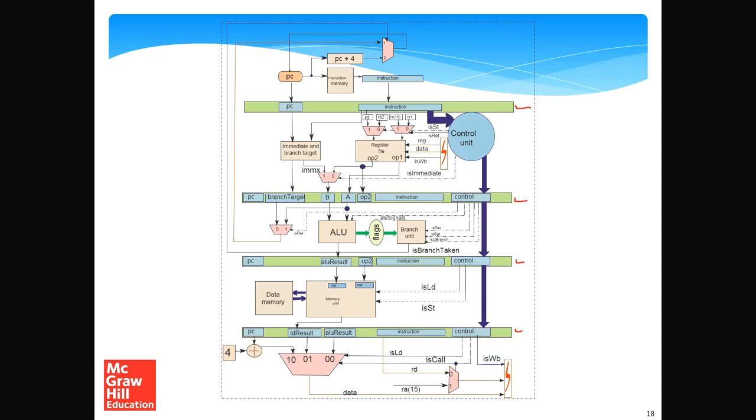So the idea is that at every stage we read the inputs from this register, and then we do some processing and write the outputs to the next register. Similarly, in here also we read the inputs and write the outputs to the next register, so on and so forth.